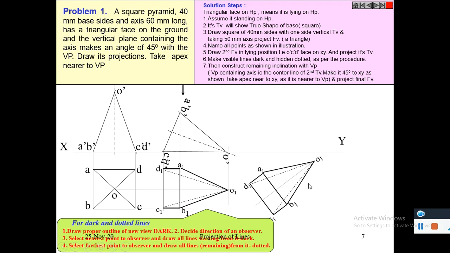Now this view is drawn with apex nearer to VP and making an angle 45 degree with the VP. So this is the reproduction of this view. And from this and this figure we can draw the front view.